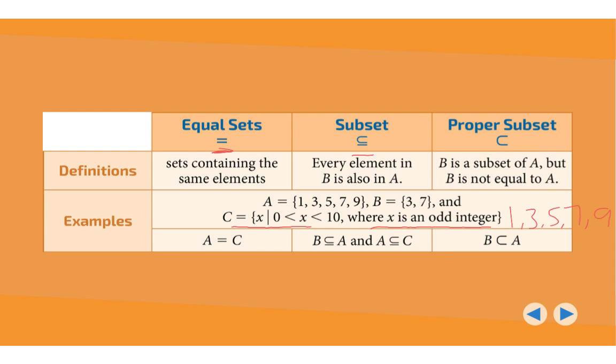So if you take a look at B, you see that the numbers in B, which is 3 and 7, are also in A, which is 1, 3, 5, 7, 9. And you see that B is a subset of A, and we also see that A is a subset of C. Although they're equal, it still is a subset.